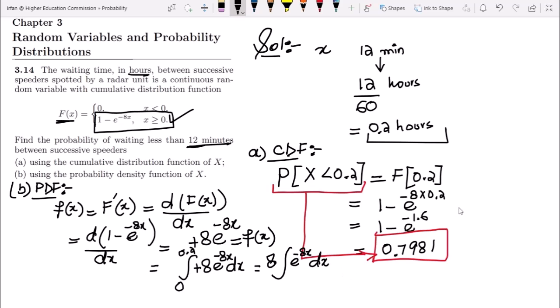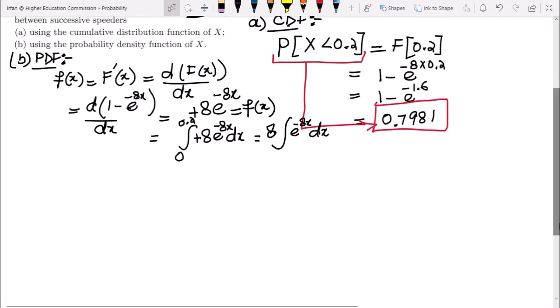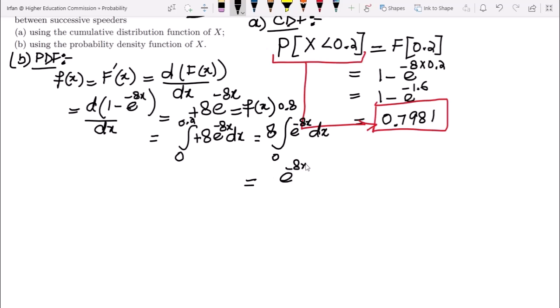Now let me move down somehow. The range is from 0 to 0.2. In order to do so, by integrating it and finding the solution, I will get exponential of minus 8x divided by minus 8 multiplied by 8, and this range is from 0 to 0.2.